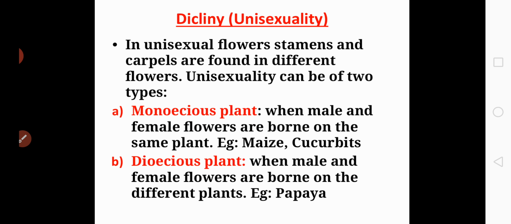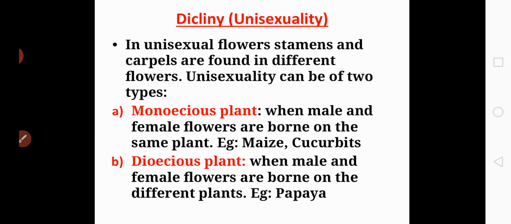In unisexual flowers, the stamens and the carpels are found in different flowers. Under unisexuality, there are two types: monoecious plants and dioecious plants.